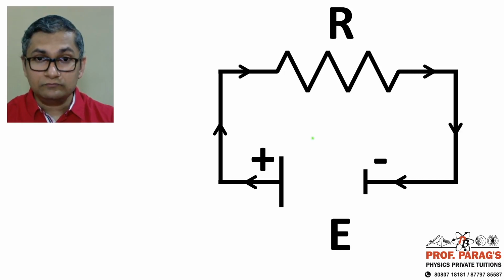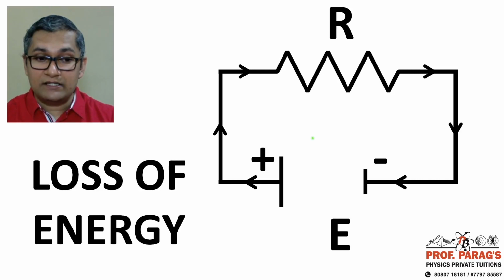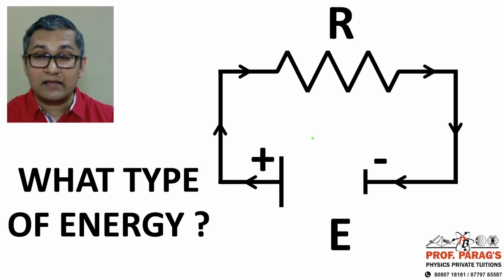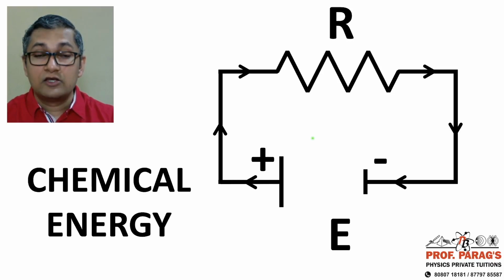So that means I will need some energy. There has to be some loss of energy, some energy has to be supplied, somebody has to give some energy. So who is giving that energy? What type of energy are we talking about? It is nothing but the chemical energy.